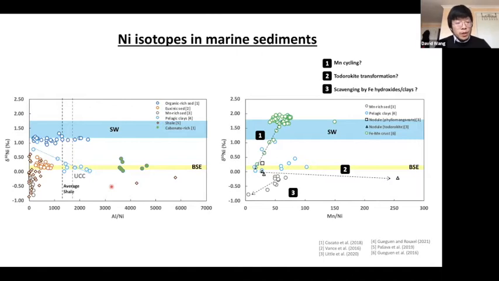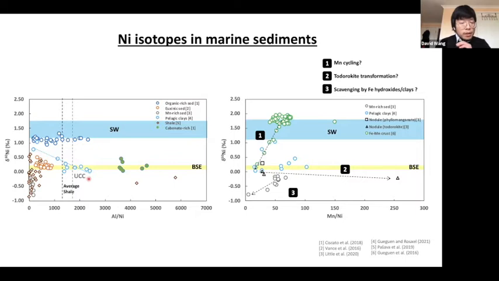And one of the explanations provided by the authors of this light blue dot, from Gueguen and Rouxel 2021, suggests a negative correlation between these two factors, which suggests a mixing between the lithogenic source and authigenic source.